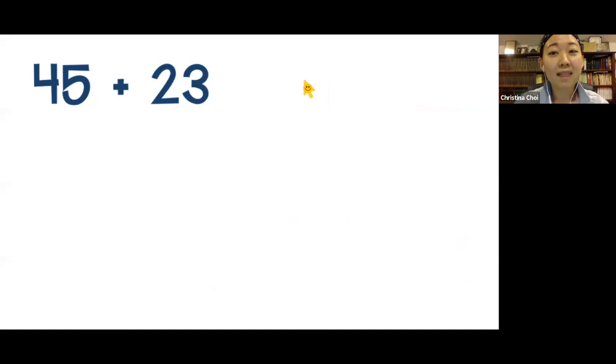Okay, ready for the next one? All right, this one, what did you notice? What changed and what didn't change? 45 didn't change, but the 13 changed from the last problem. What place value changed? The 3? Nope. The 3 is still the same. The tens place changed.